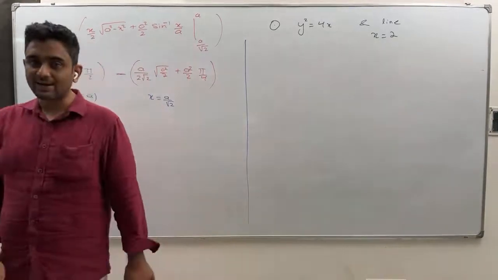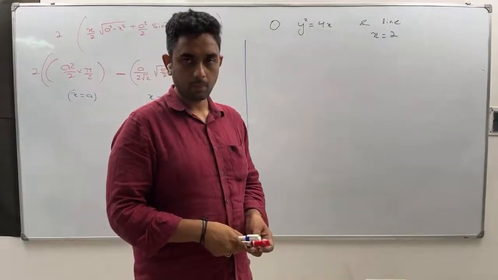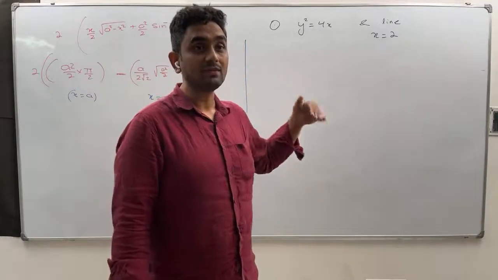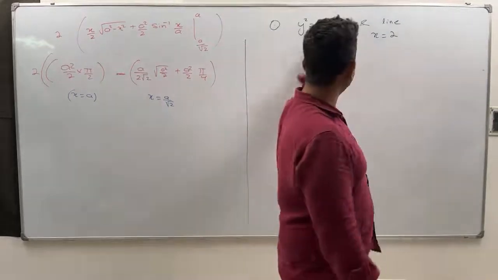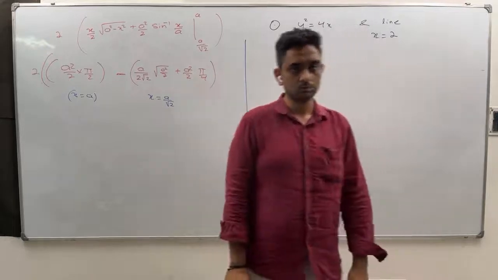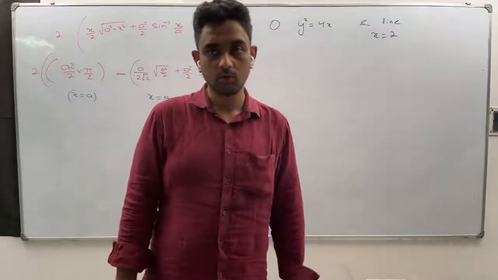What kind of parabola will you get, rightward or upward? Rightward. If you get y square it means rightward, x square means upward. It depends on which variable has the square.